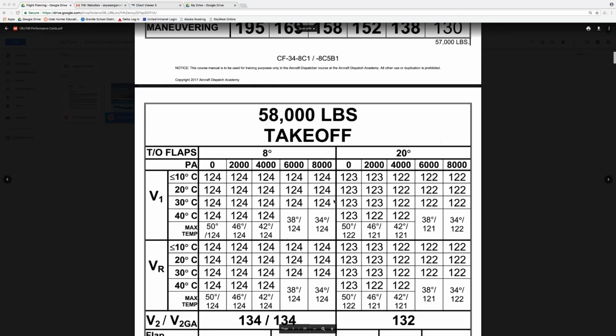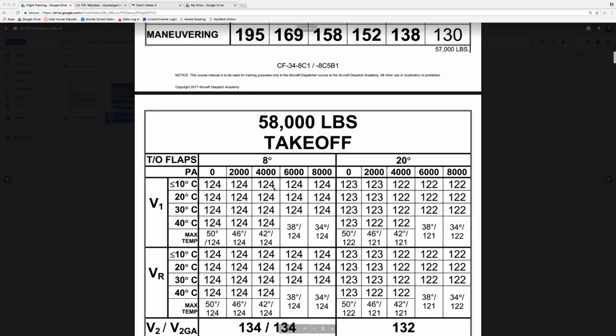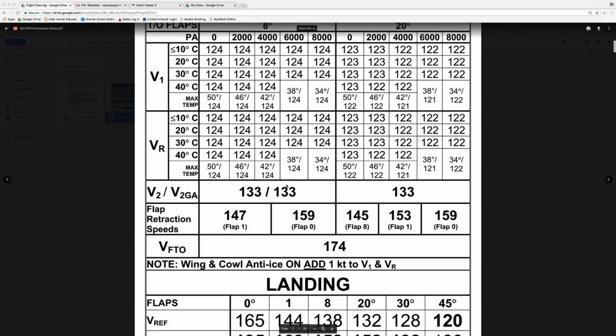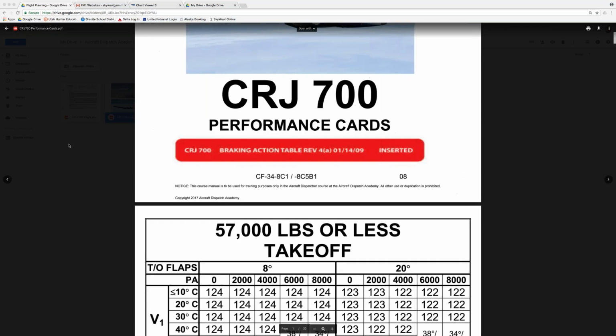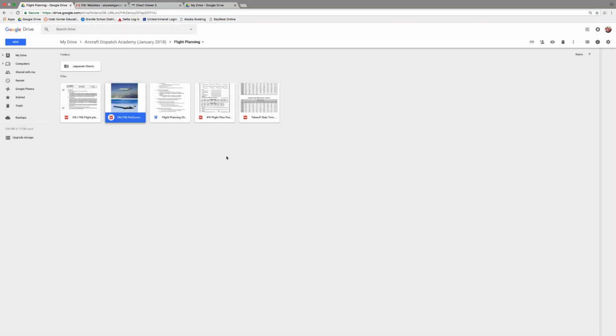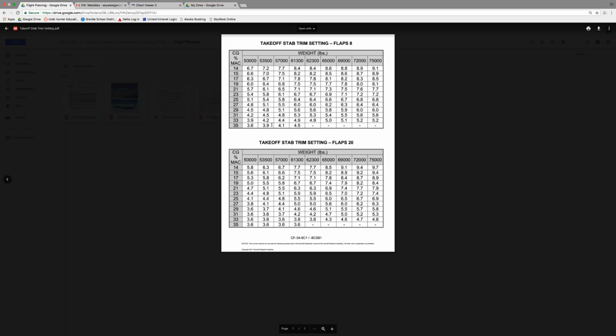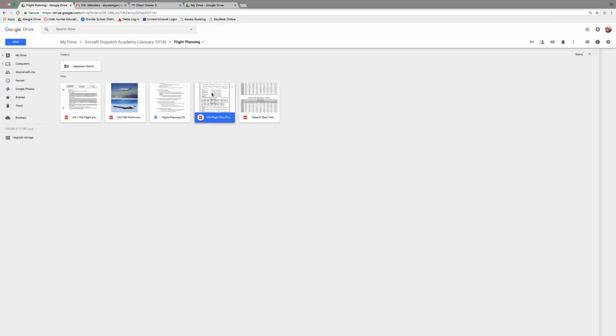But yeah, you guys can see, it's pretty intuitive to figure out what our speeds are, right? It's not incredibly hard.